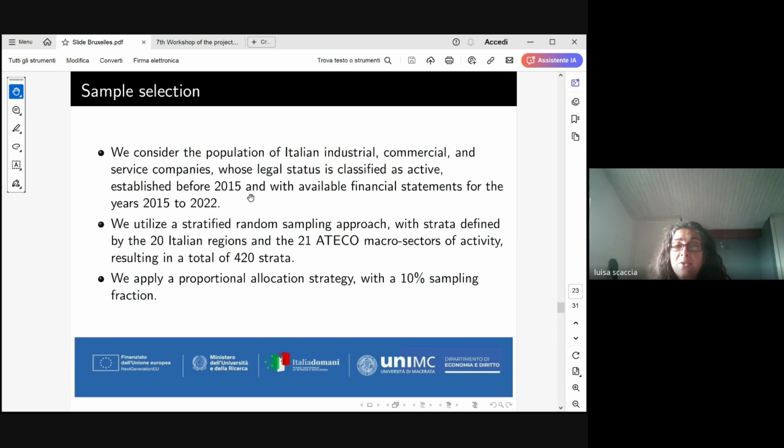We used a stratified random sampling approach in which the strata were defined by the 20 Italian regions and the 21 Ateco macro sectors of activity, so that at the end we had 420 different strata. From each of them, we drew 10% of the firms.